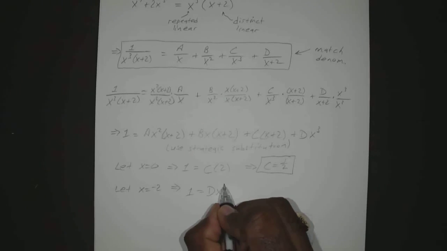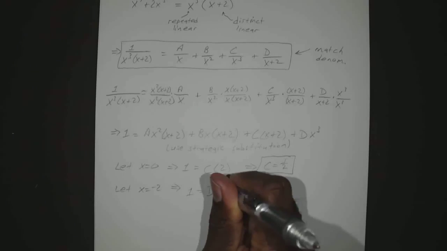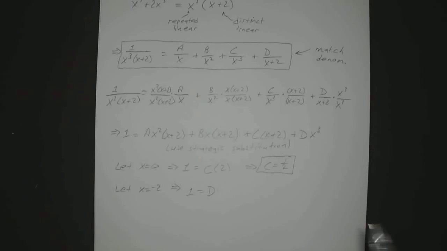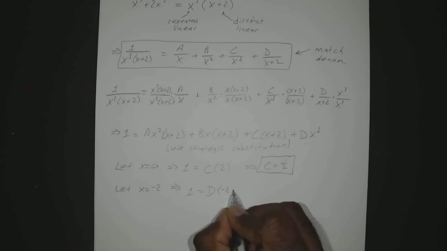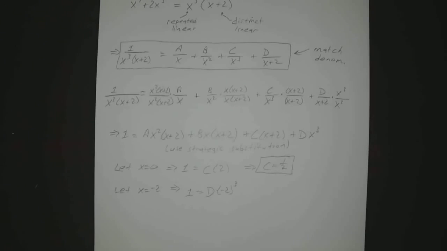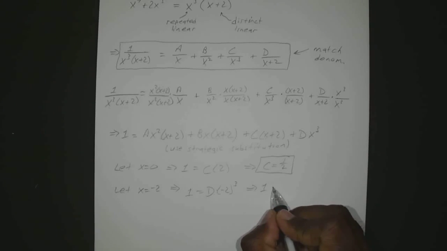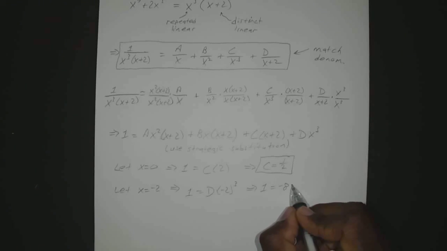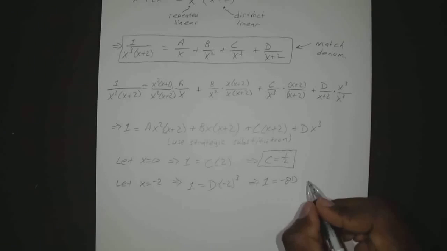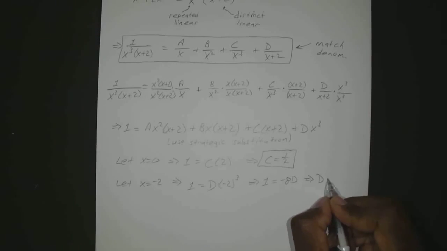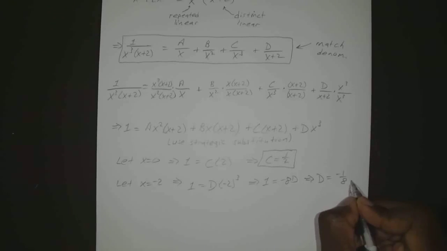So it's d times -2, forgot about that, to the third. Okay, so -2 to the third is -8. So you get 1 equals -8d. So d is equal to -1/8.